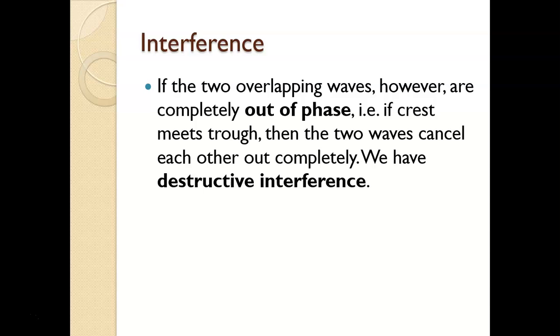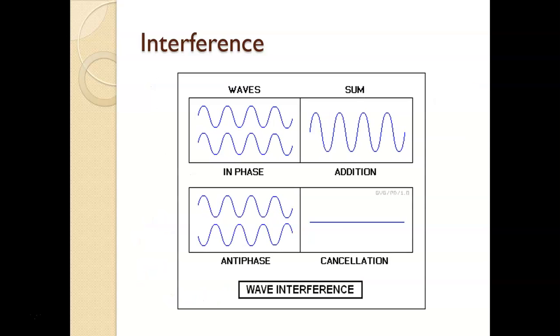Or they can overlap out of phase and we wind up with destructive interference. So if a crest and a crest come together, you would get a supercrest. But if you have a crest and a trough coming together, you'd get nothing.